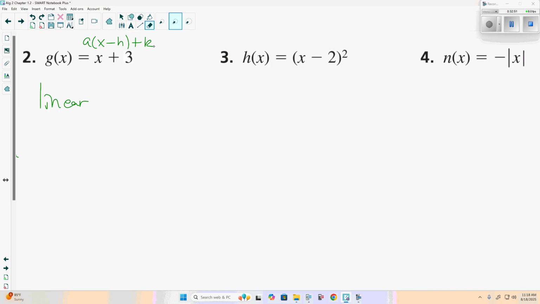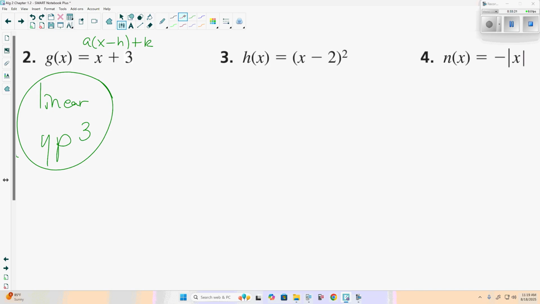Since it's outside, it has to be going where? Up or down. And the amount we're moving up or down is 3, yes? Now, which direction are we going, up or down? Up, because the 3 is positive. That's it. That's all we're looking for. We added 3 to our parent function, f of x equals x. So it's moving it up 3.